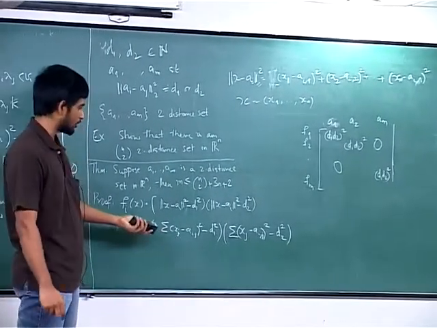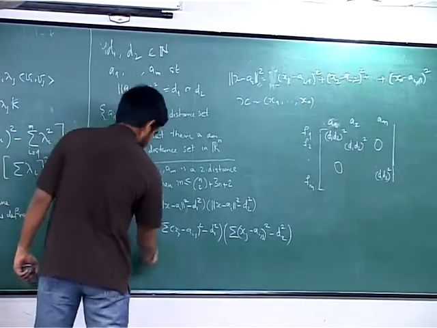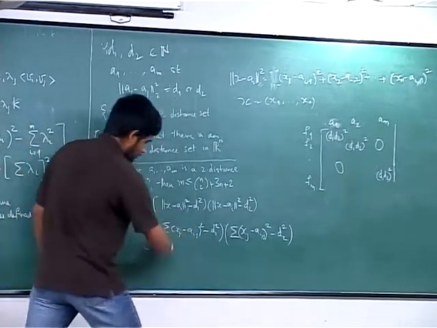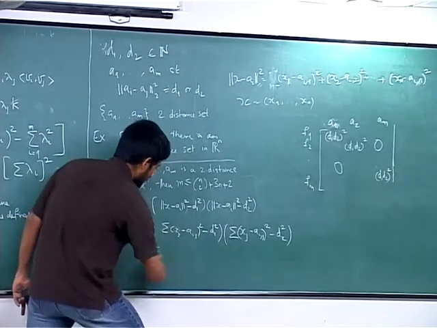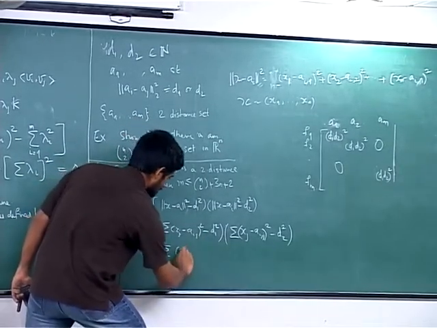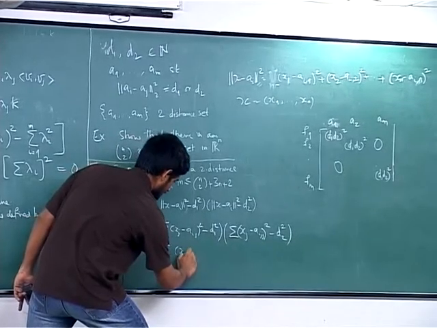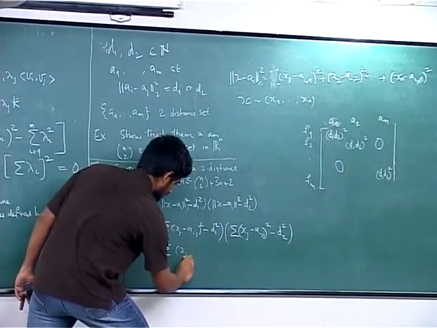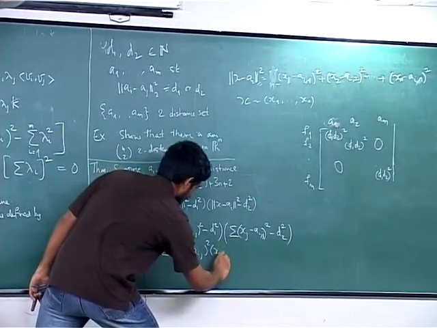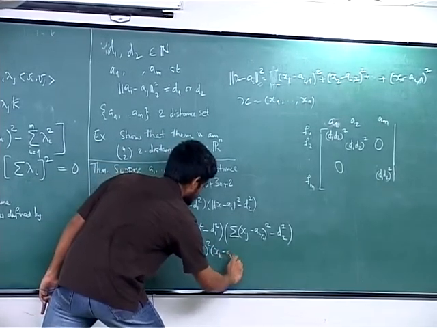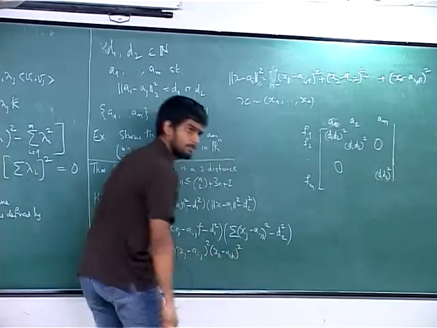So what are the terms that are going to come in it? When you multiply these, you have the terms which look like (xj minus aij) squared times (xk minus aik) squared, right?